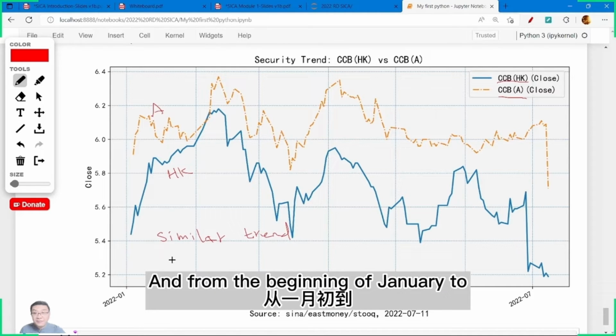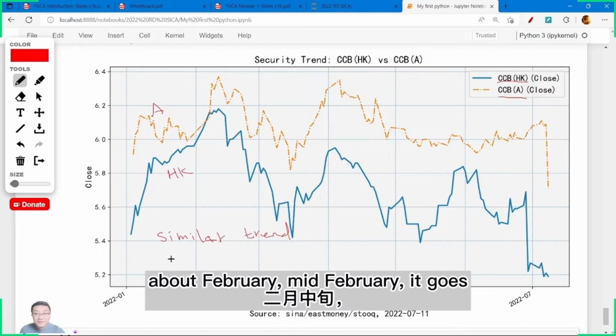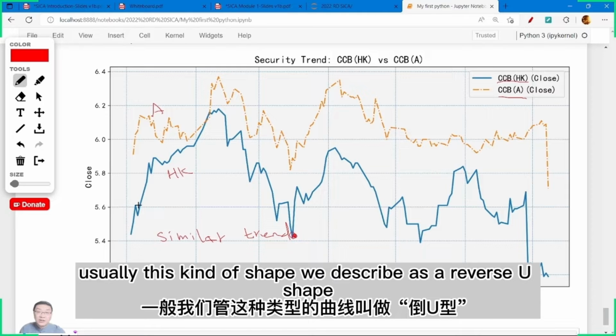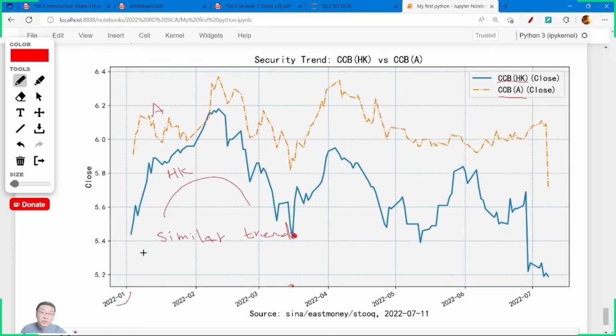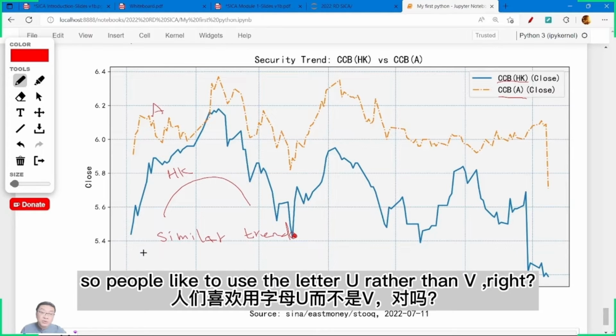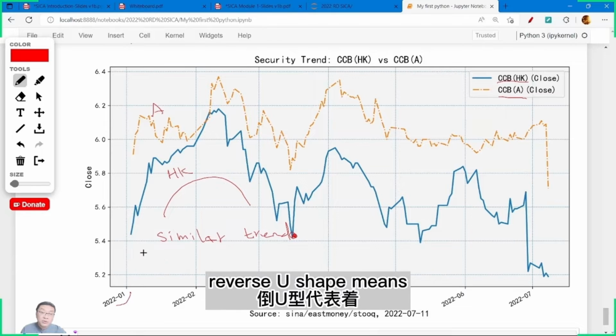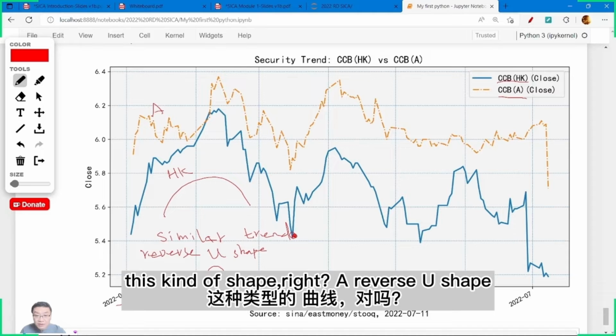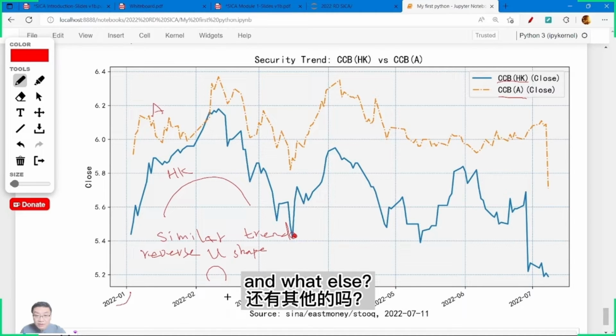From the beginning of January to about mid-February, it goes upward, then downward. Usually this kind of shape we describe as a reverse U shape. People like to use the letter U rather than V, right? Reverse U shape means this kind of shape.